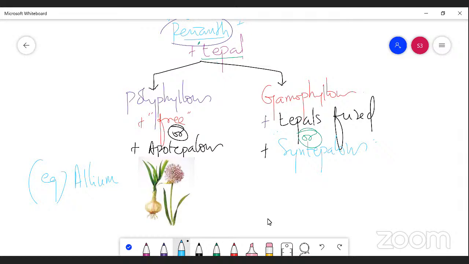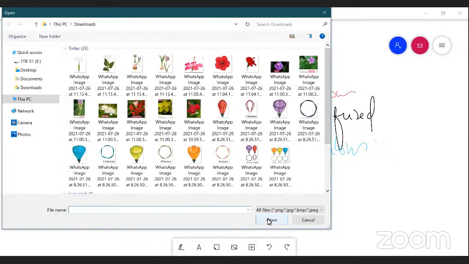Allium sativum. Allium sativum is an example of apotepalous, and Allium cepa, the binomial of onion, right?